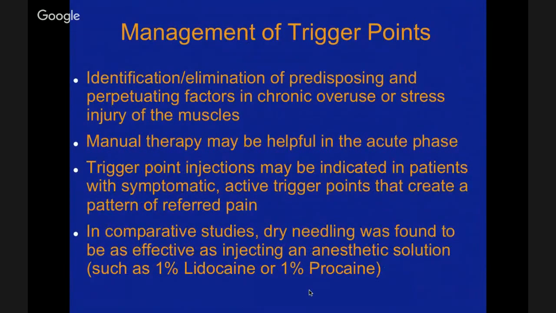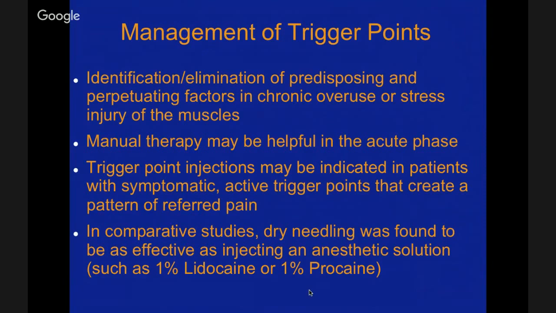In the management of trigger points, it is important to identify and, if possible, eliminate any predisposing or perpetuating factors in chronic overuse or stress of the muscles. So if you're treating a trigger point in a patient who has bruxism, finding other ways to manage the bruxism might be difficult, but it's important to consider what factors are exacerbating the trigger point.